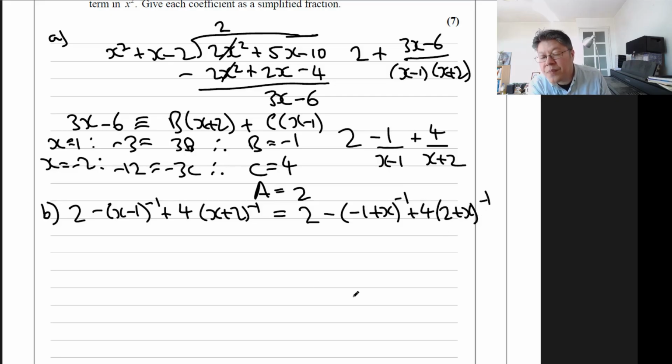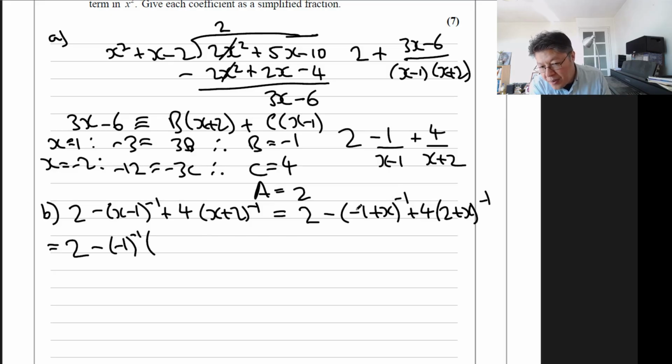to the -1. And in order to use the binomial expansion, this has to be a 1 and this 2 has to be a 1. So we're going to pull them out. So we have this equaling 2 minus, and we're going to pull the -1 out. And when you pull it out, it must come under this power of -1.